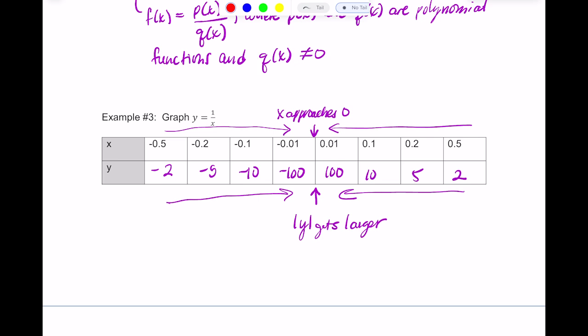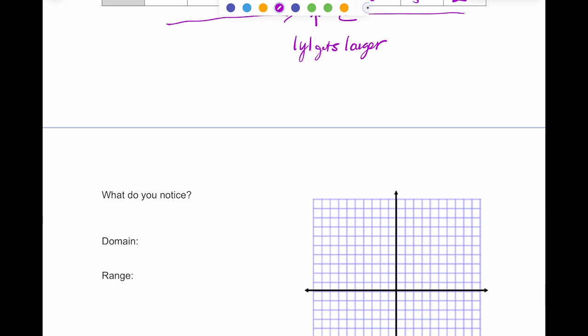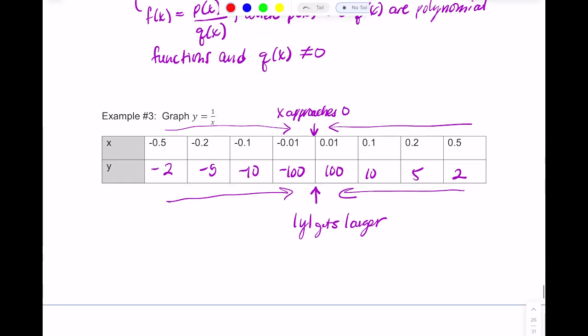If we were to summarize that, we could say, as x gets closer to 0, the absolute value of y is getting larger. And something else that we notice is, as the absolute value of x gets larger, so if we were to go this way or this way, in the opposite direction, then y is going to get closer to 0. Those numbers are going to go closer to 0.